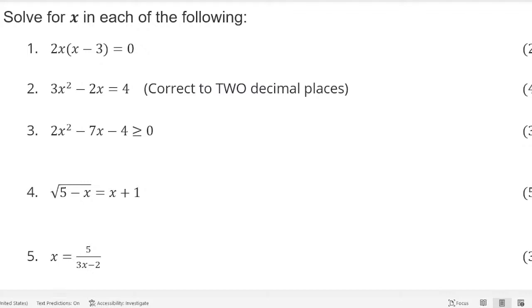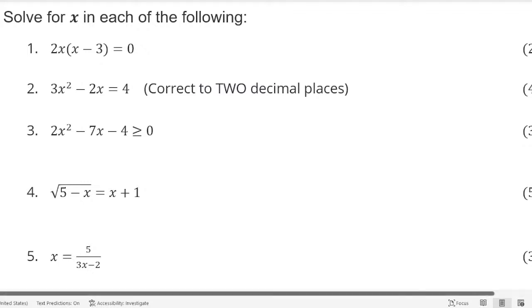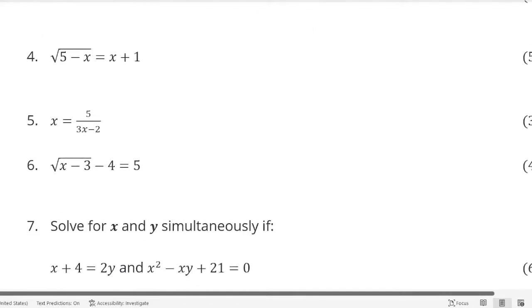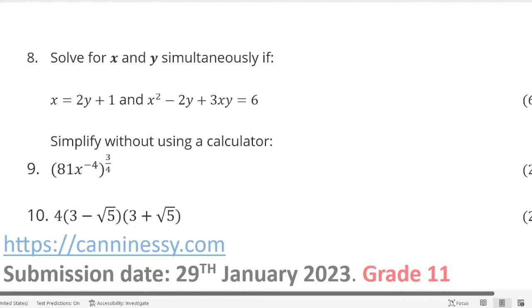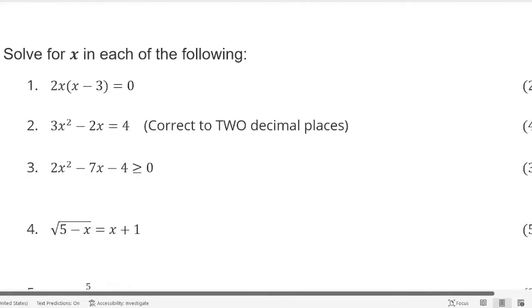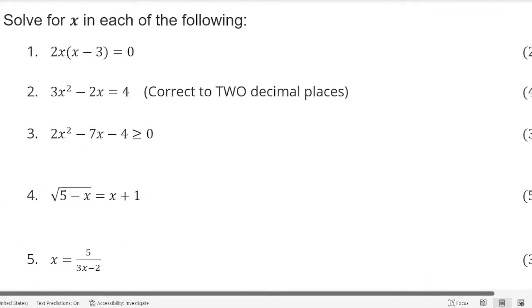All right. So as I've said, for question 1 we're dealing with simplification, solve for x, simultaneous equation, nature of roots. So that's what we deal with for question 1 in grade 11. So now we have this equation.